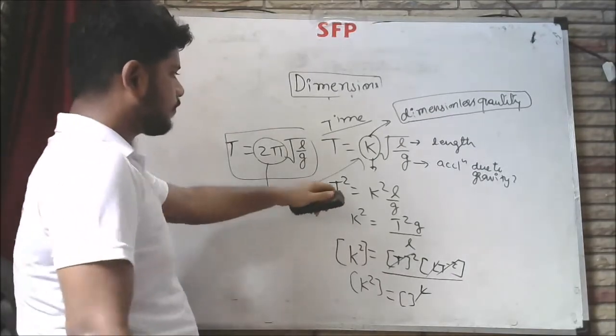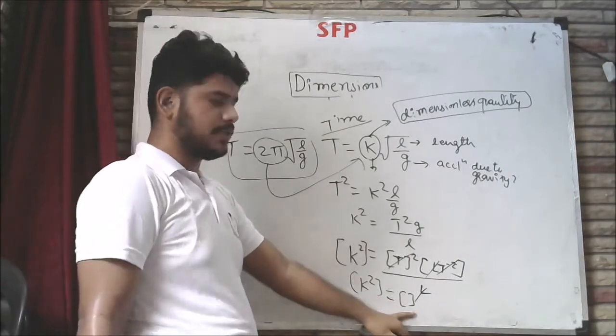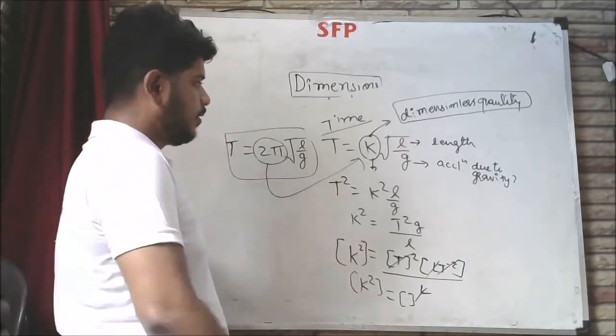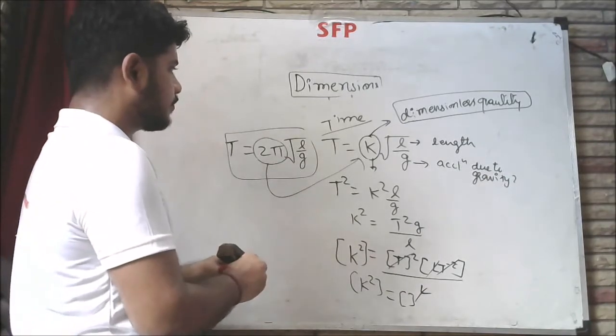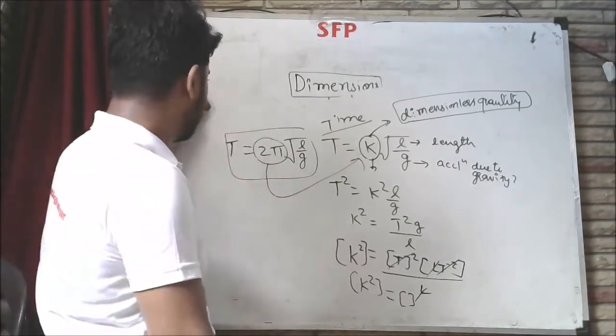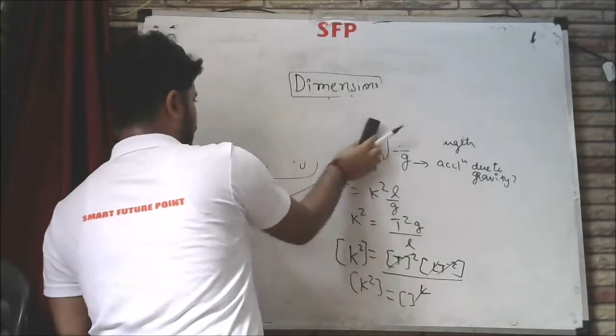Now this 2 pi has no dimension. So how will you represent it? Just by a big bracket. Please note it down. It is very important for next. I am going to give you another.